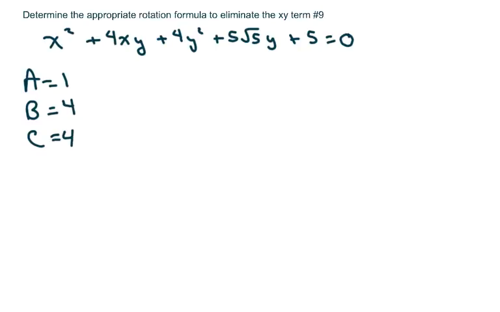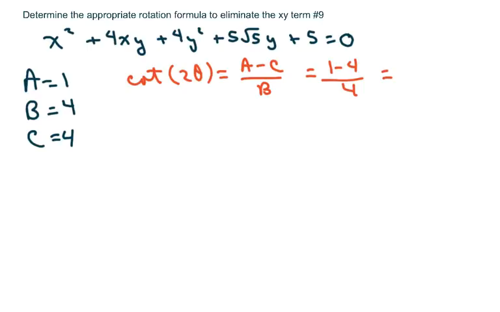And you use your cotangent of 2 theta, where that's A minus C over B, which is 1 minus 4 over 4, which is negative 3/4. So if cotangent of 2 theta is negative 3/4, I have to use my half angles.